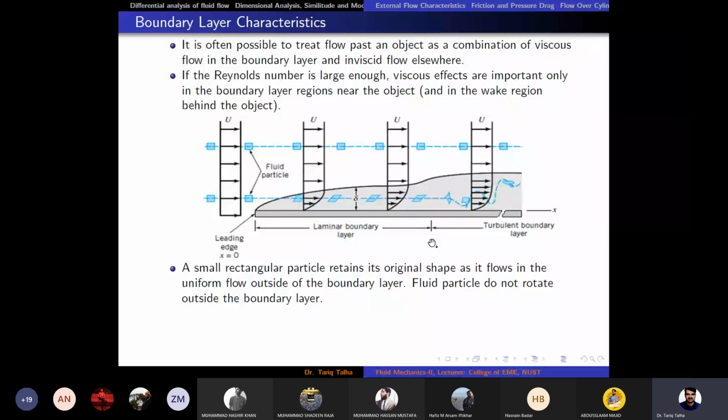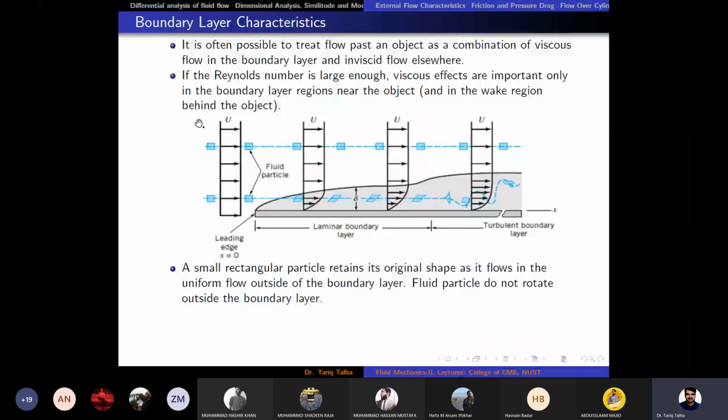A small rectangular particle retains its shape as it flows in the uniform flow outside, because, as I mentioned, there is no velocity gradient outside the boundary layer. If it is 10 meters per second on the upper surface, it would be 10 meters per second on the lower surface as well.